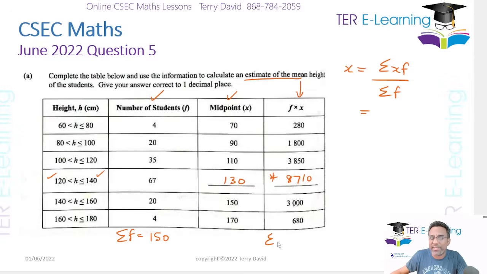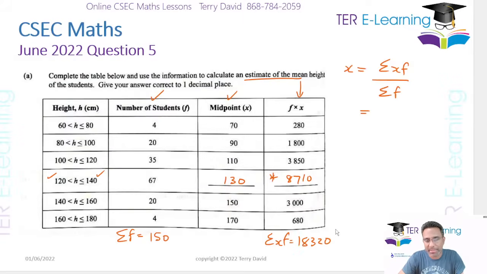I also need to work out sigma xf. So let's add that. 280 plus 1800 plus 3850 plus 8710 plus 3000 plus 680, and I'm going to get 18,320. I'm going to add that again, just in case.